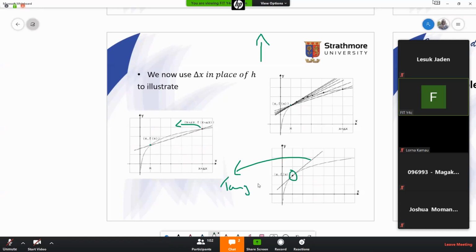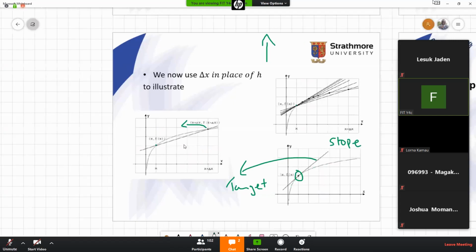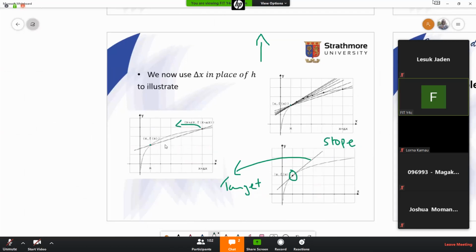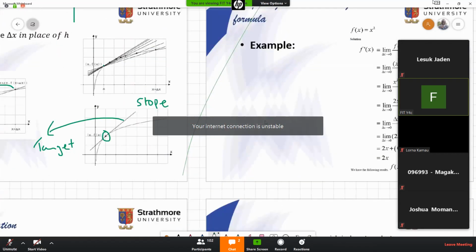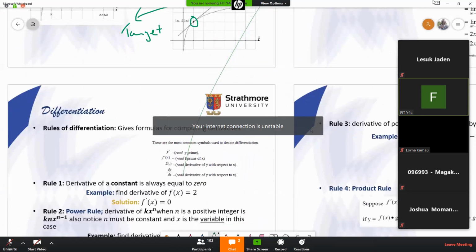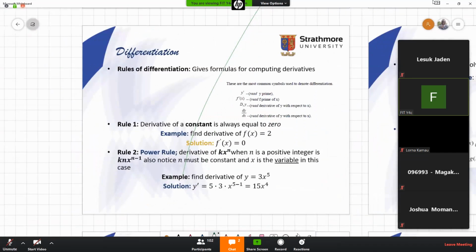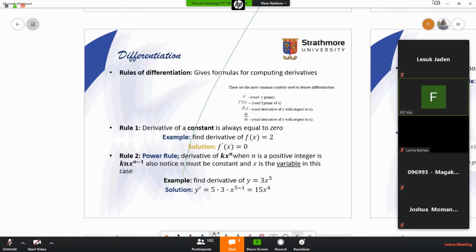The slope of this line is going to define the differentiation of the original curve, of which I won't spend time on. From here, I want you to move all the way down here. I won't go through that example. I will go exactly right here.